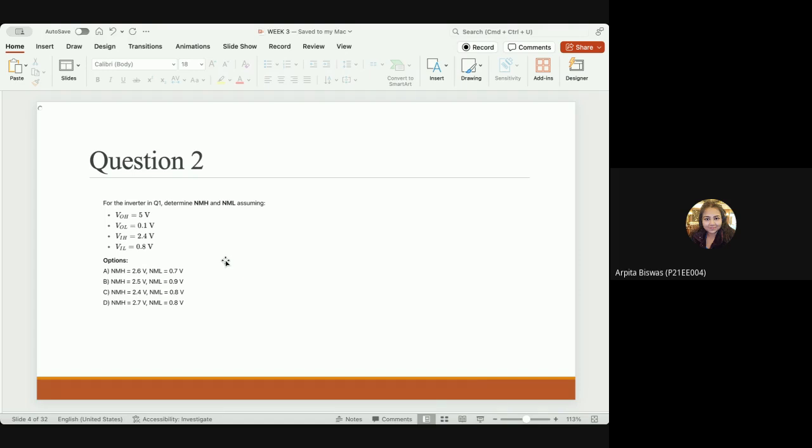This is question number 2. For the inverter in Q1, determine the NMH and NML, assuming VOH equal to 5 volt, VOL equal to 0.1 volt, VIH equal to 2.4 volt, and VIL equal to 0.8 volt. First tell me how to calculate NMH and NML.